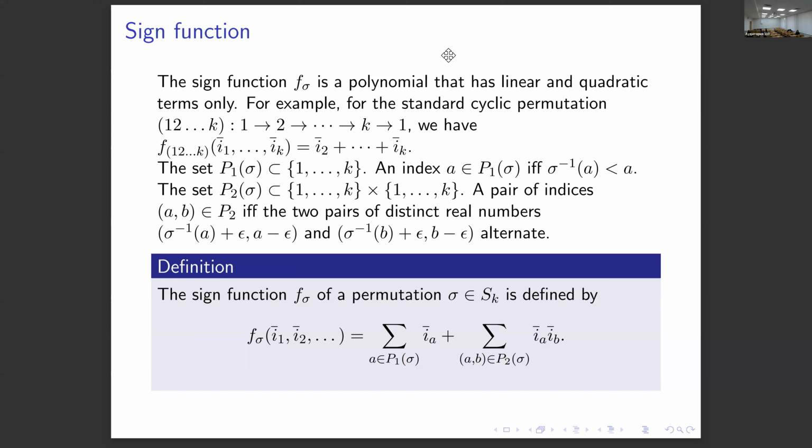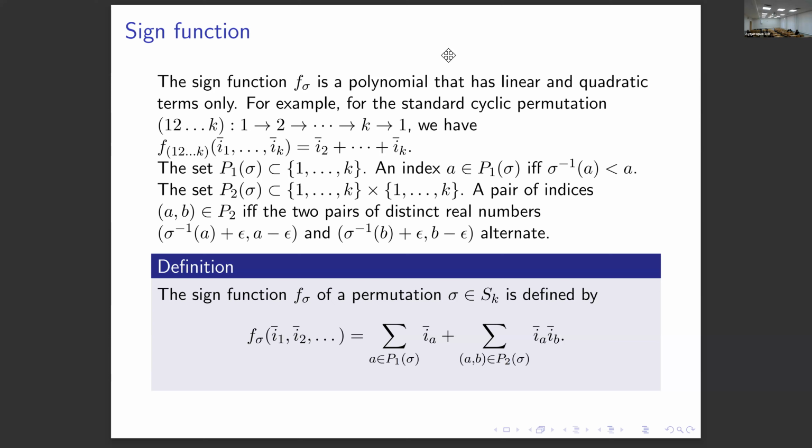It does not belong to P1 because this is directed from right to left, and it's not going to cause any crossing because there's no vertex between these two endpoints. So this vertex i is not going to belong to P1 and also not P2. So if you have a fixed point, then you just have a factor C1. You can factor out this point anytime.